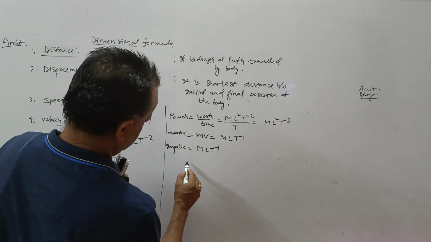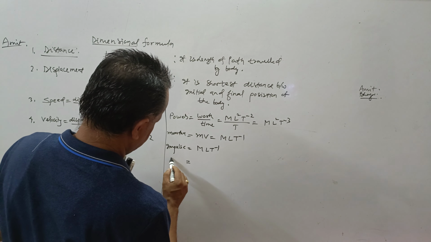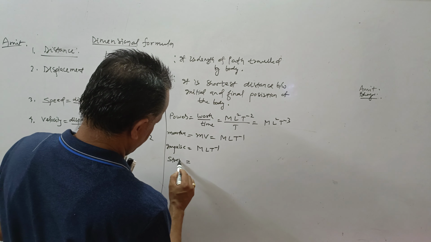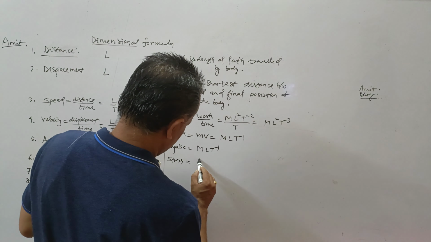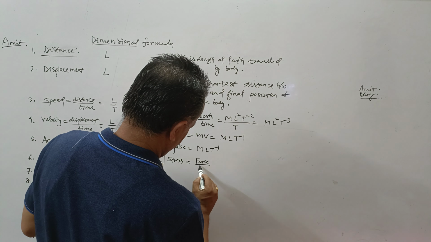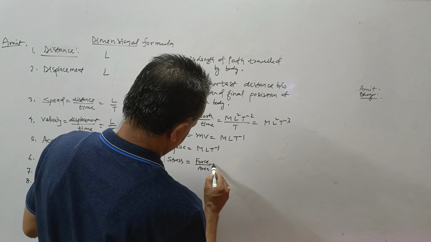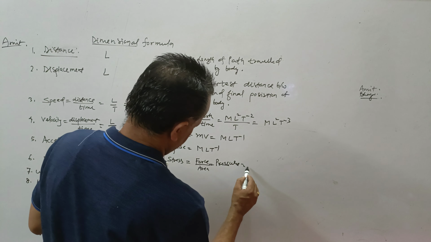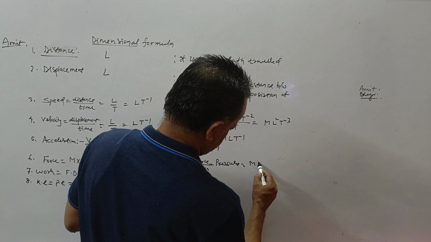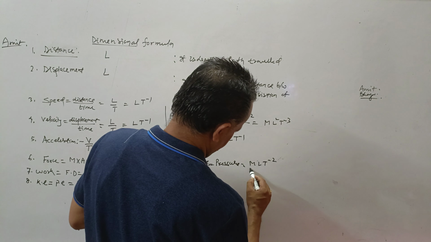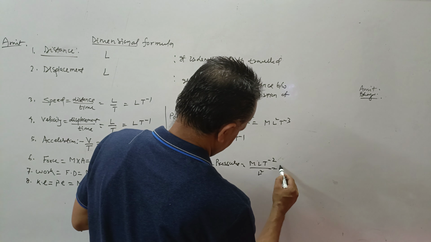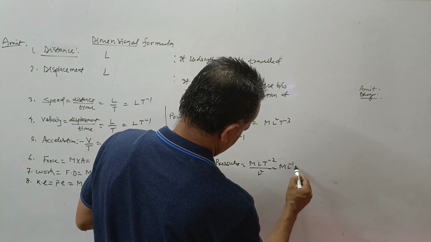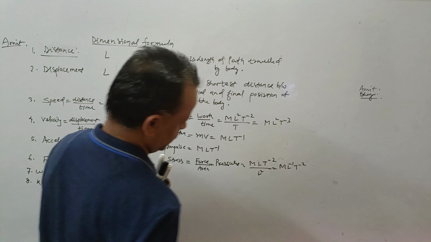Then we have stress. Stress is basically force upon area. Its dimension is equivalent to that of pressure. Force is mass into acceleration divided by area. This comes out to be M L minus 1 T to the power minus 2.